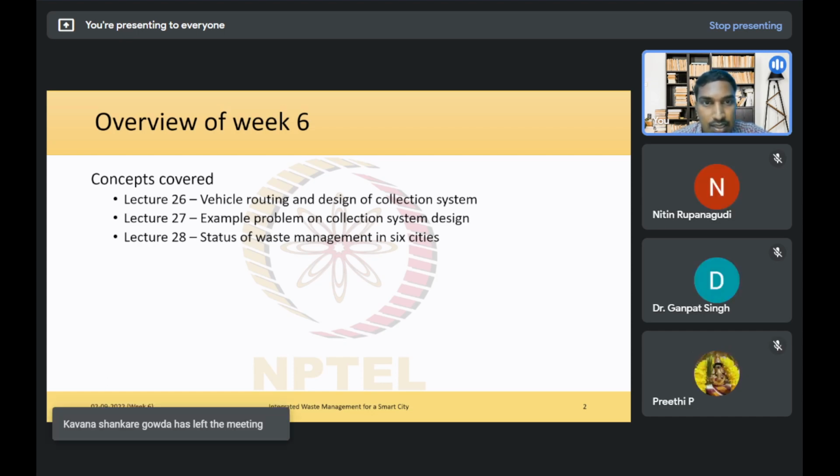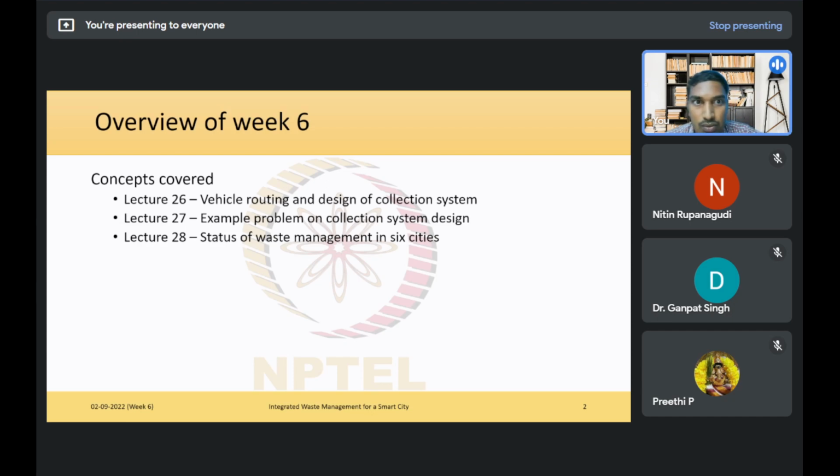These cities varied in terms of the amount of waste generated, from 4,000 tons to 200 tons or so. So we looked at different sizes of cities, and then at their future action plans.